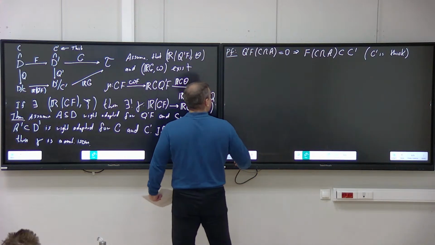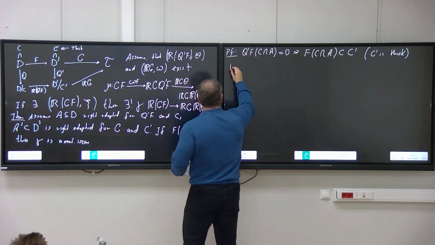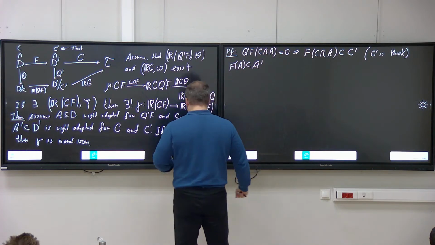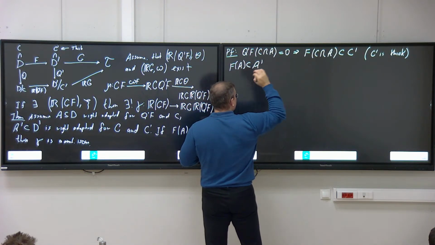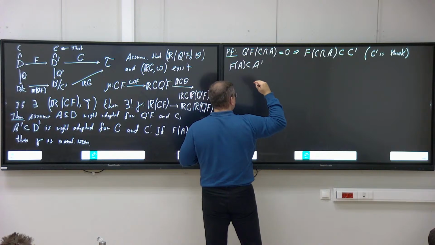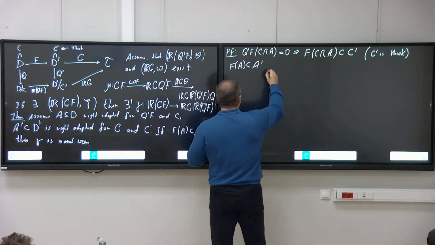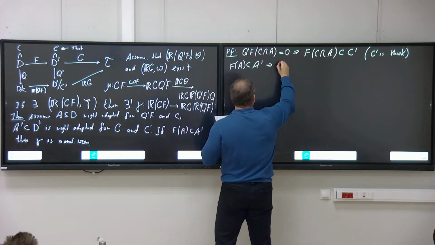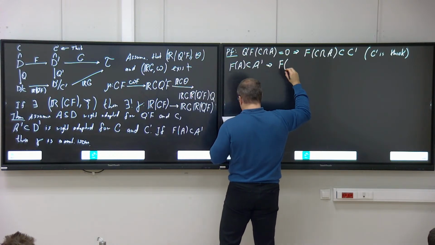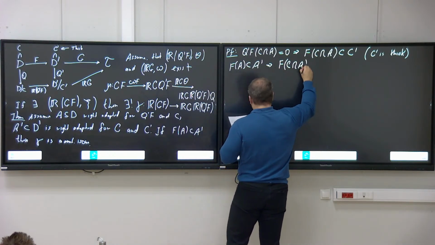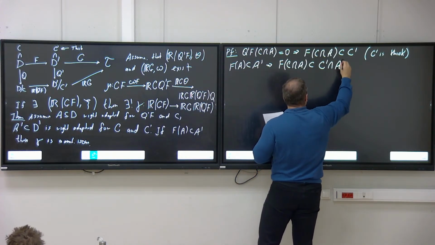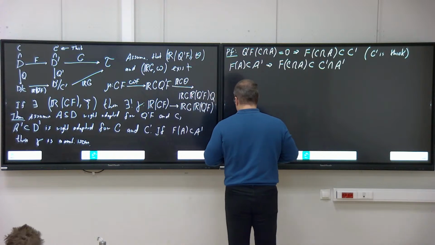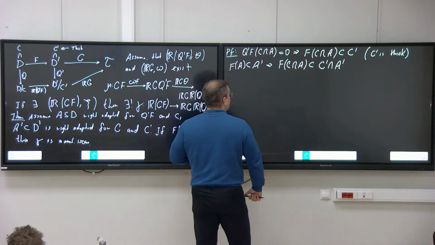Now, since I know that F of A is contained in A prime, and I have this observation that the intersection is contained in C prime, I can conclude that F of the intersection is contained in the intersection of C prime and A prime. Right?